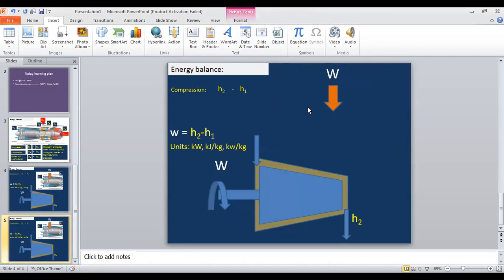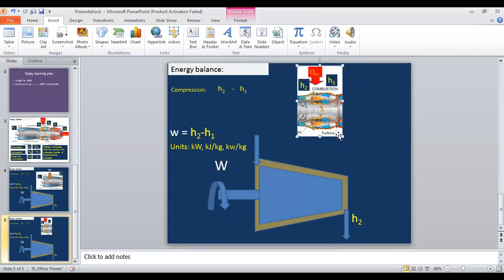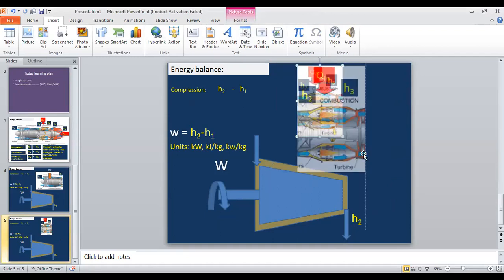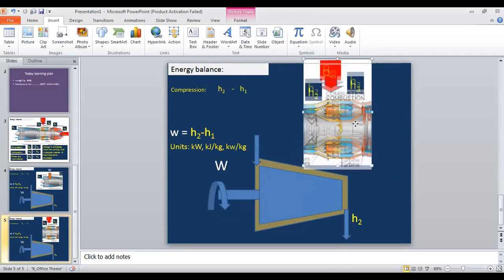Now, combustion chamber is like this. So the fuel line comes in, you can see the fuel line here. And combustion adds energy here. So still working fluid passes through this.